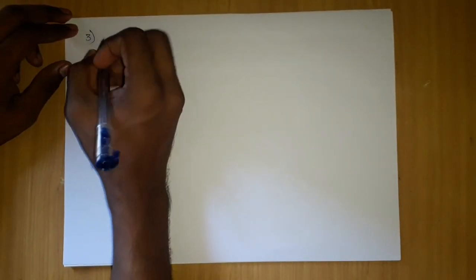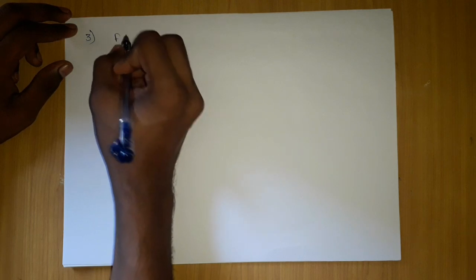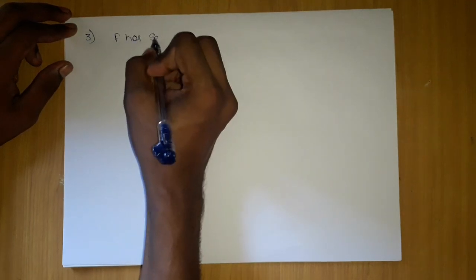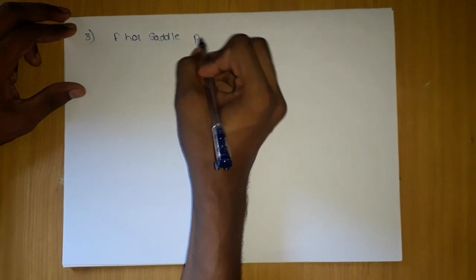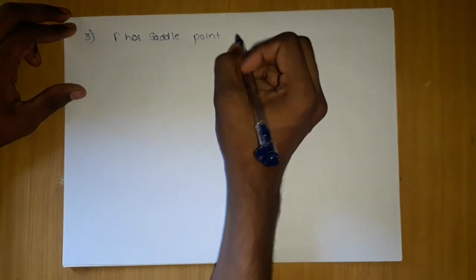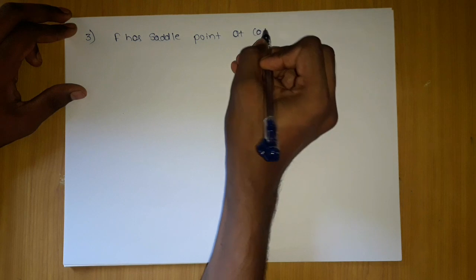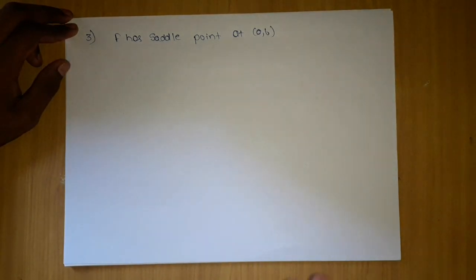The third condition is that f has a saddle point. I told you we will study saddle points in detail. Saddle point at (a, b). Now here we will not talk about f of xx, we will not analyze it.